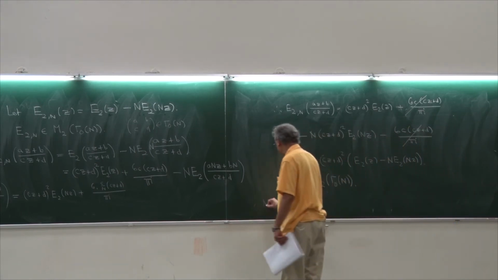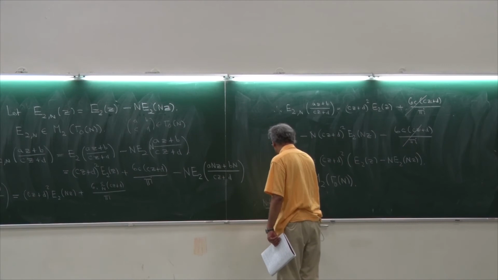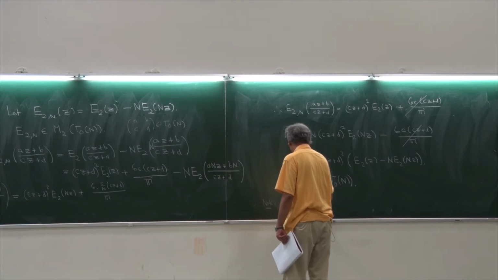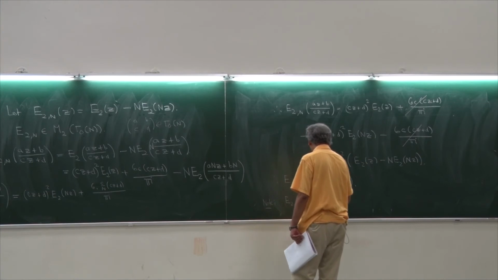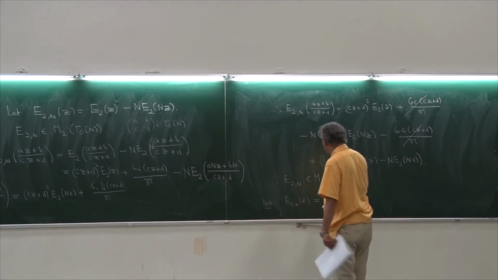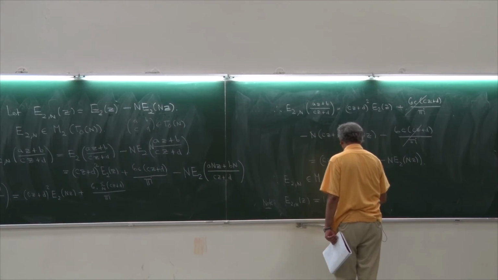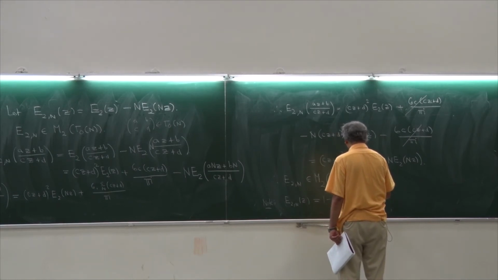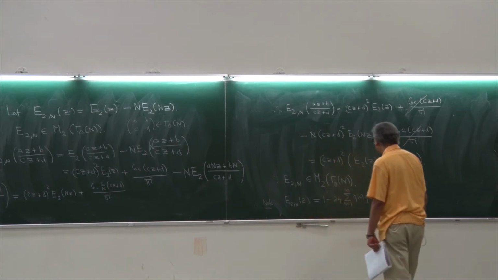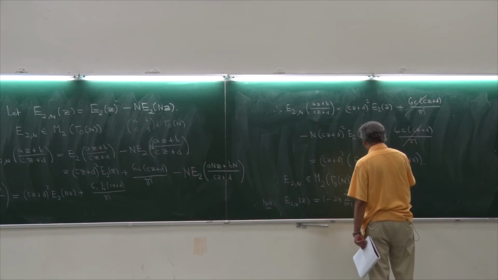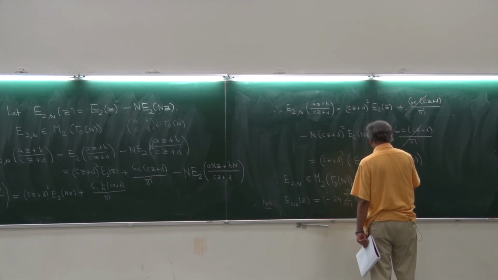Note that E2n of z is equal to E2 of z, which is 1 minus 24 times the sum for n going from 1 to infinity of sigma 1 of n q to the n, where keep in mind that q is e to the 2 pi i z here.